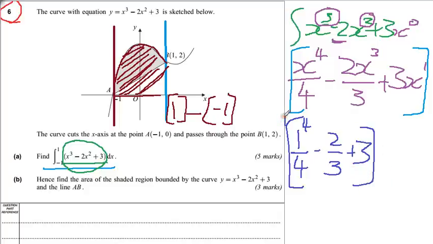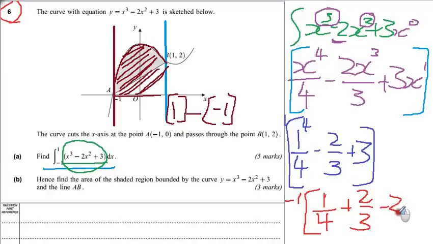Right, now we want to take away, might run out of space here, what we get when we put minus 1 into all that. And when you put minus 1 in there, you get 1/4, same, then plus 2/3, because minus 1 cubed is minus 1, times 2, you get plus 2 over 3, and then obviously minus 3 at the end. 3 times minus 1 is minus 3.